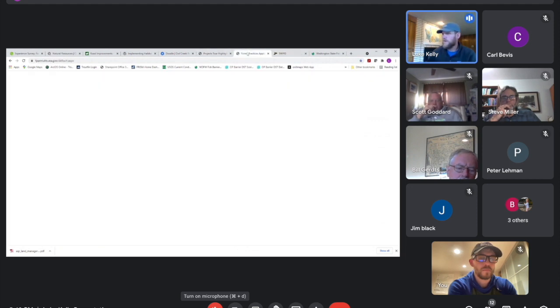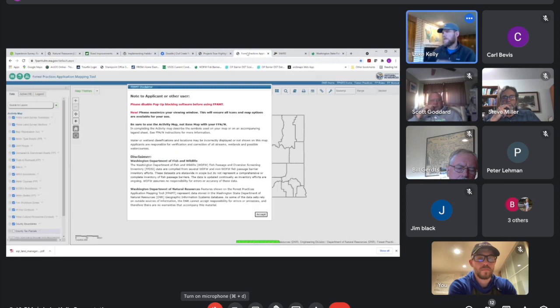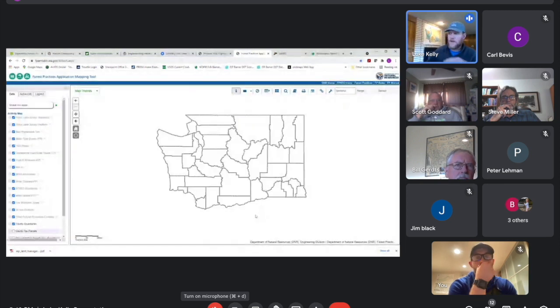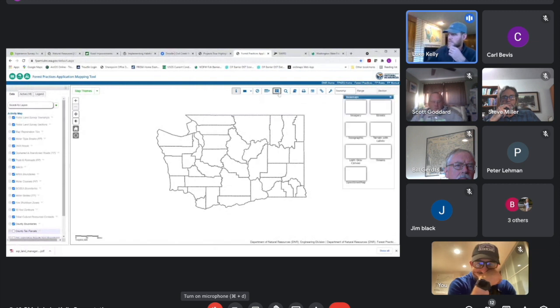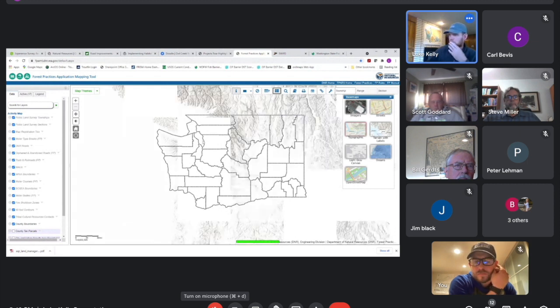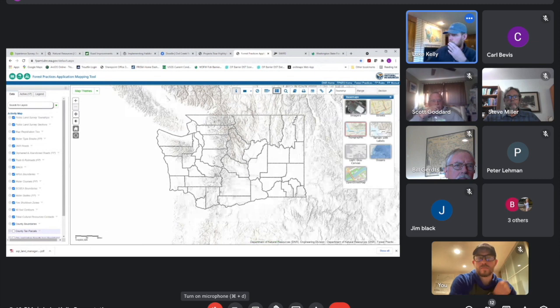One more thing. Here's the DNR forest practice map application. And as I was talking about, the first thing I do is I go in here and select the base map. And just for clarity's sake, let's do topographic instead of imagery. And we'll zoom in here.